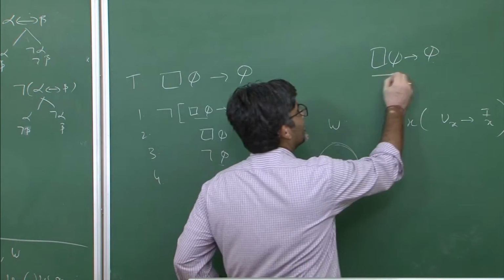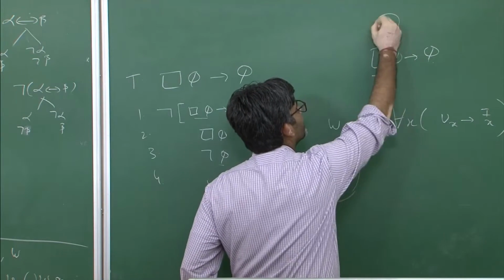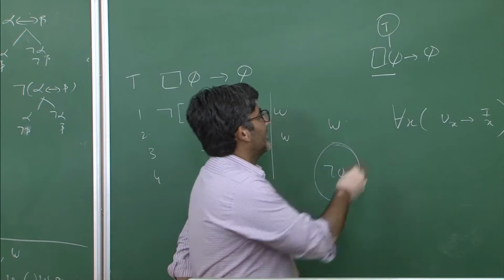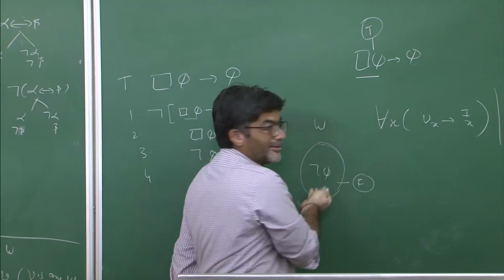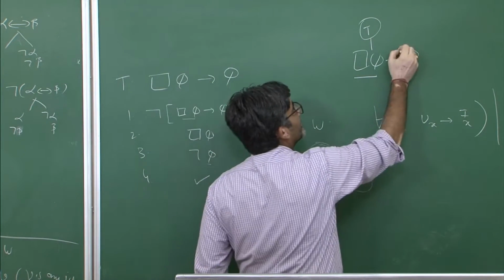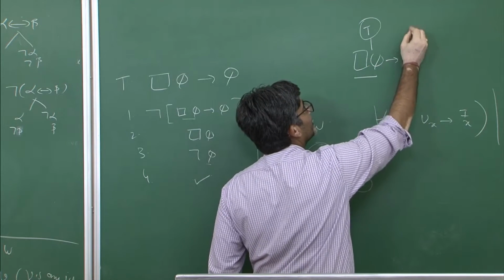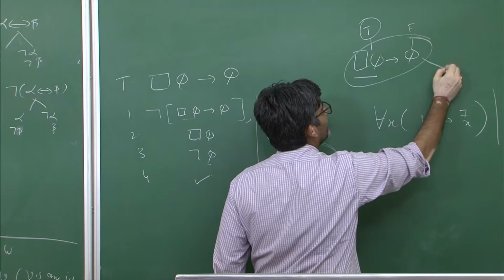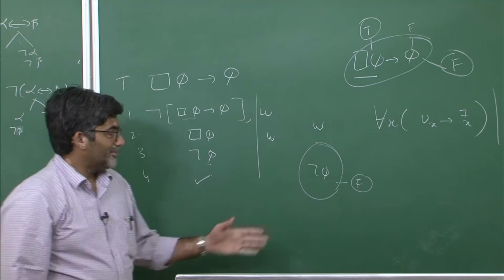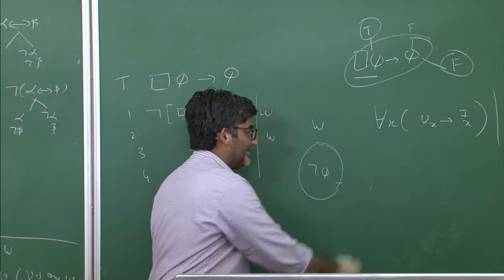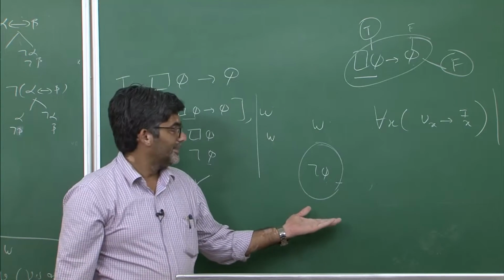So in that case it is considered to be true. Now phi is already false here. So this is true and this is false, which makes the whole conditional false. So the counter example, the relational structure that you can draw, is only this one.